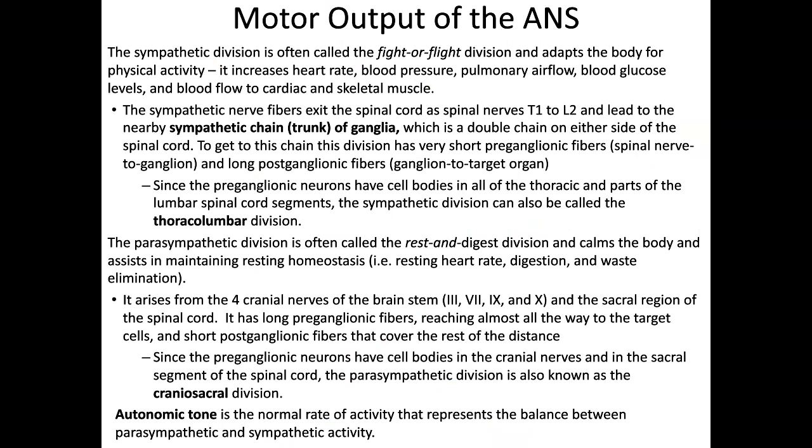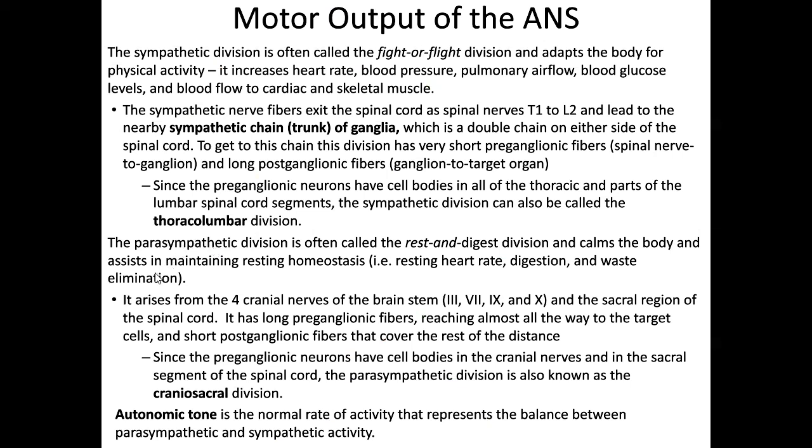And since the parasympathetic uses the cranial nerves and the sacral region of the spinal cord, the other term to describe your parasympathetic nervous system is the craniosacral division, which I'm going to want you to know. So thoracolumbar, nickname for the sympathetic; craniosacral, nickname for the parasympathetic.